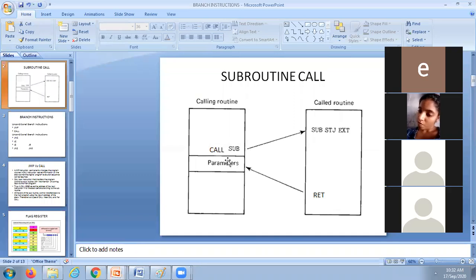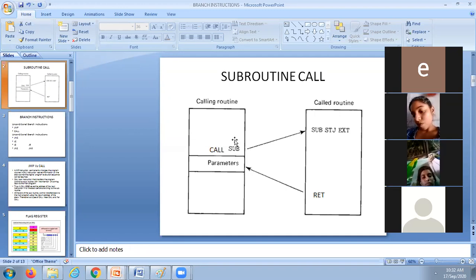After popping that status data, you continue the remaining program. That means the previous status is to be stacked. Why? Because if you use the same registers here again, they will be changed.